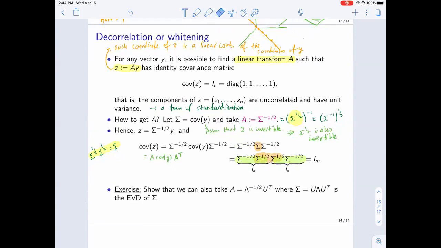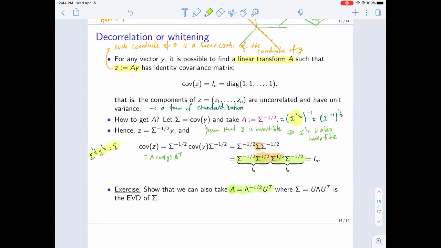And as an exercise, there's another way of doing it. So you don't have to take A to be this. I believe I corrected this, someone in previous years pointed out it might still be incorrect, but check that for yourself.